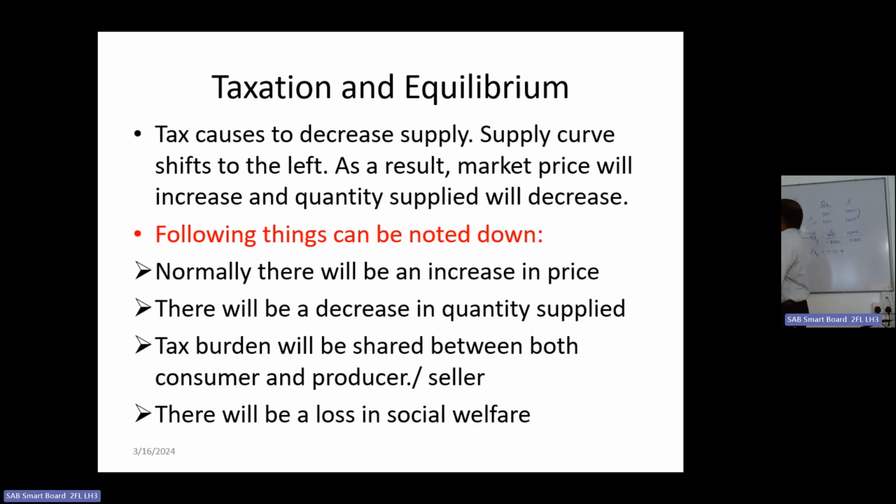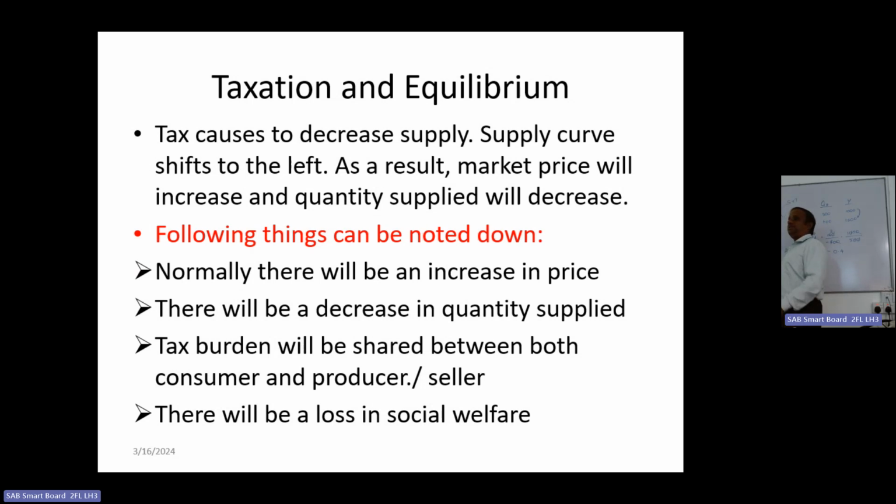So after the tax, the important thing is how the tax burden is shared between the consumer and the producer. That depends on the price elasticity of demand and supply, right? You take the price elastic demand first, and you can think about the price elastic supply in the other case.